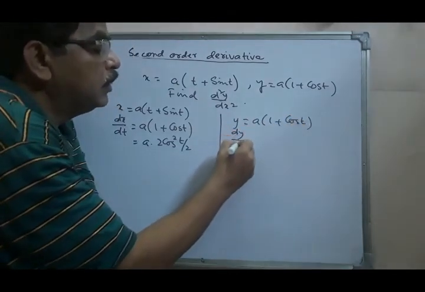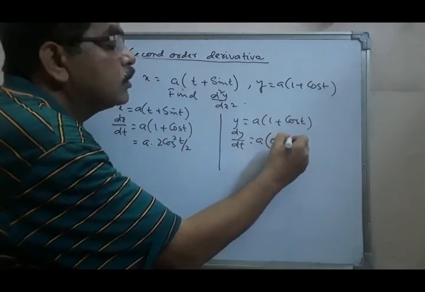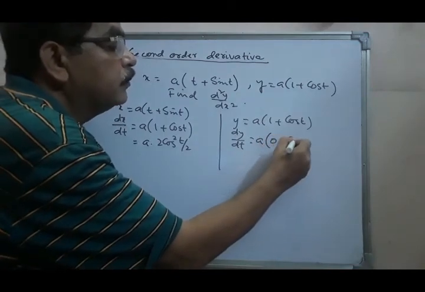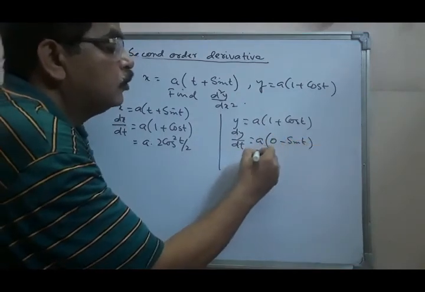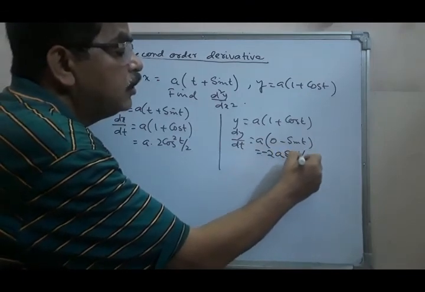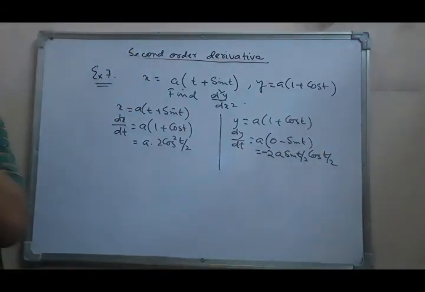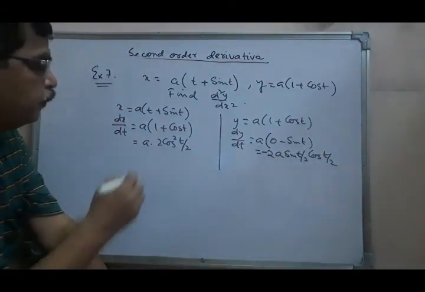So dy by dt equal to a into 0 minus sin t, which you can write as minus 2a sin t by 2 into cos t by 2. We have applied the sin 2 theta formula.